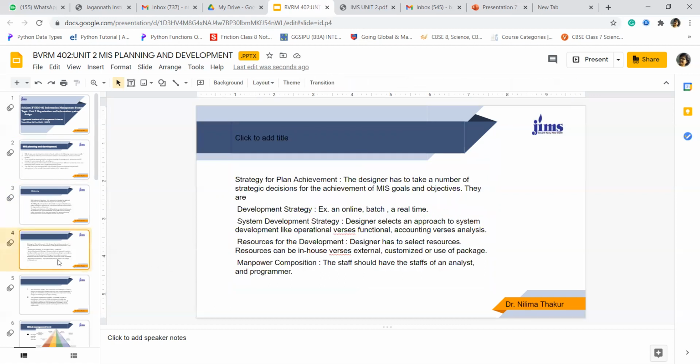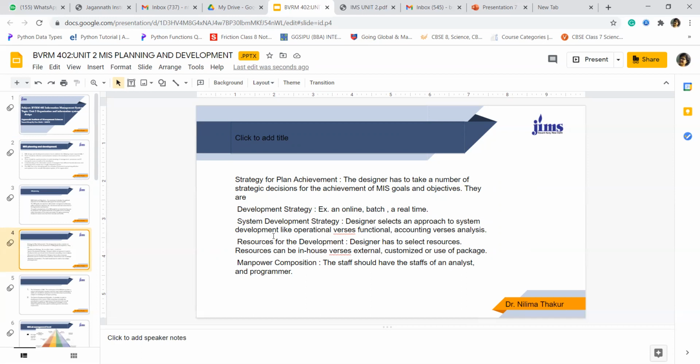Moving to the next slide in the goals and objective, there should be a strategy for plan achievement. The designer has to take a number of strategic decisions for the achievement of the MIS goals and objectives. They are development strategy, for example, an online system, a batch system, a real-time system.